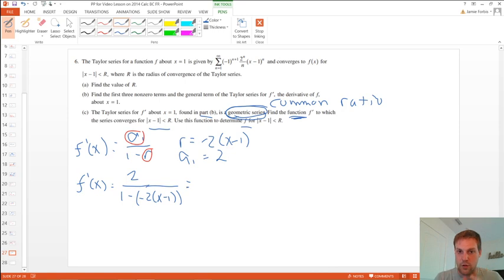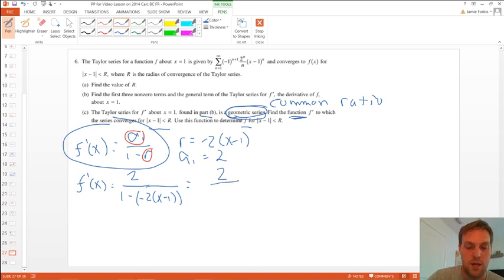That is the function that represents our geometric series, because we know this is true whenever a geometric series converges. And that actually simplifies down to 2 over 1 plus 2 times x minus 1. Let me make sure I say this right. My computer was being dumb again. Sorry.